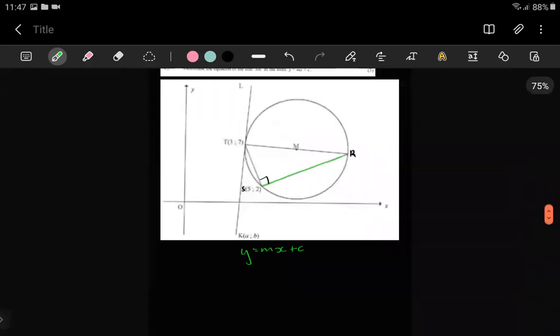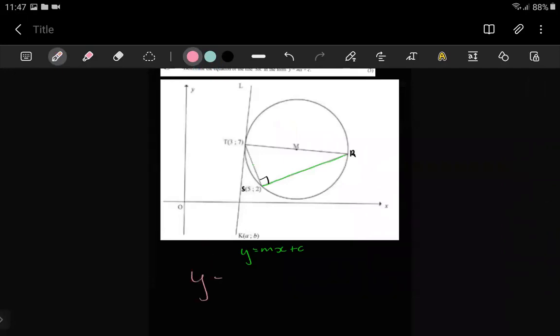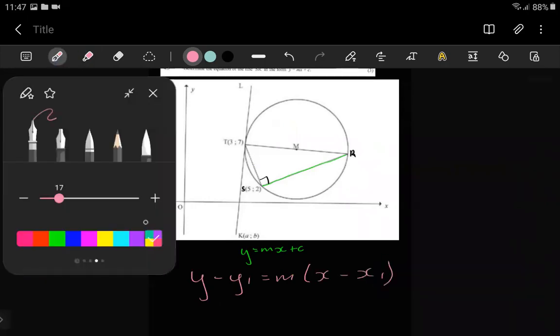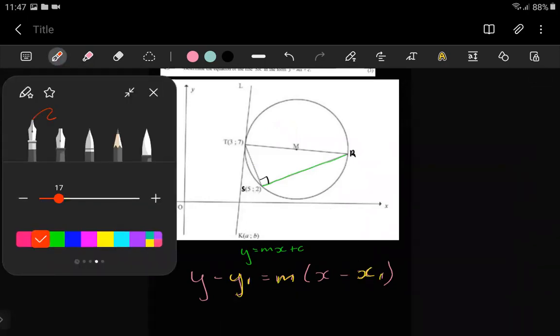Because remember, we know this is the equation we are going to use to help us, and in this equation we just need two things: a gradient and a coordinate. We already have a coordinate. That's sorted. But where do we get the gradient of SR?